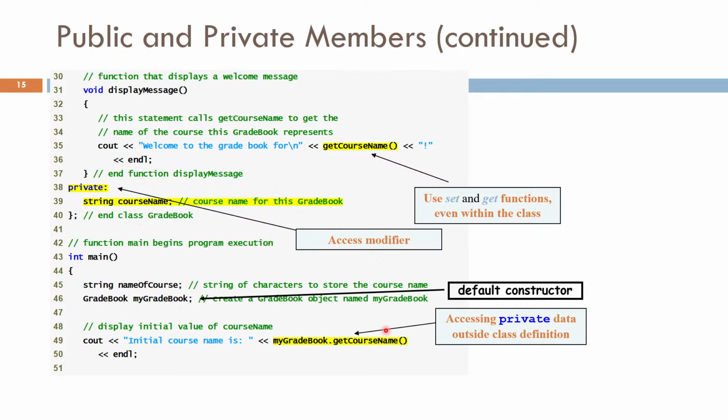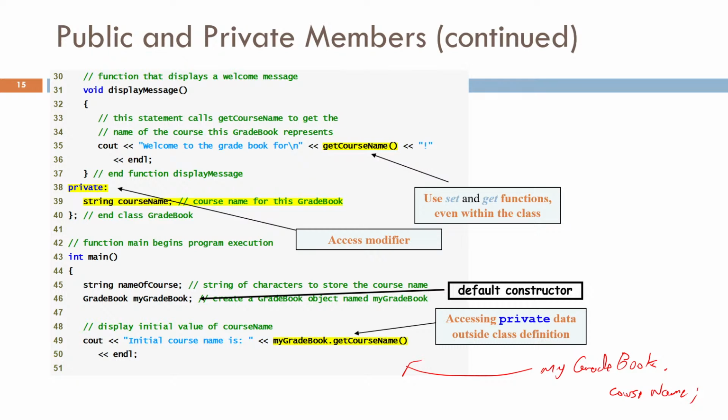Now let's say, for instance, I'm just going to extrapolate a little bit, that somewhere within our code we try to do myGradebook dot courseName, and we try to get access to courseName using the myGradebook object.